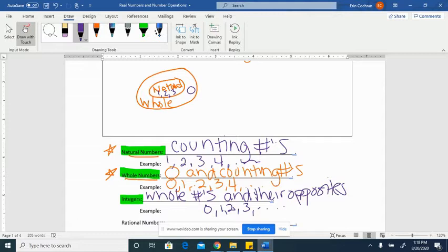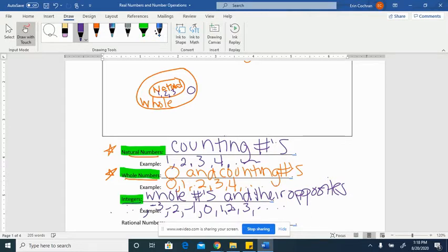It kind of splits the two. The opposite of 1 is -1. The opposite of 2 is -2. The opposite of 3 is -3. The opposite of 4 would be -4. So everything else that way. Integers are all of the whole numbers and their opposites.